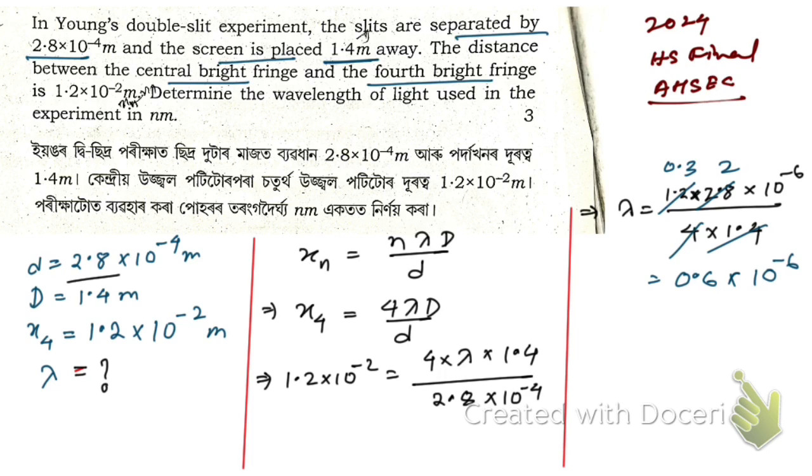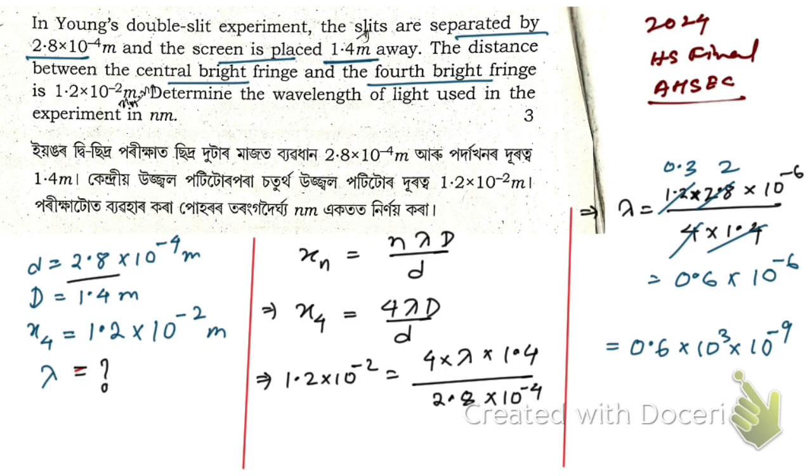So we can write this as 0.6 into 10 to the power 3 and 10 to the power minus 9. Again if you multiply these two, that's going to be 10 to the power minus 6.